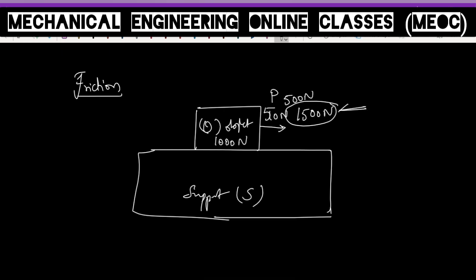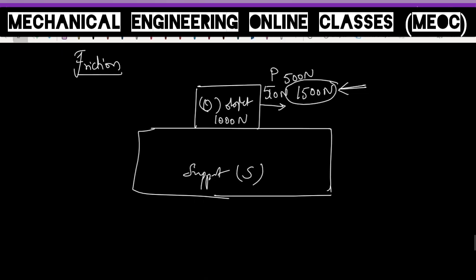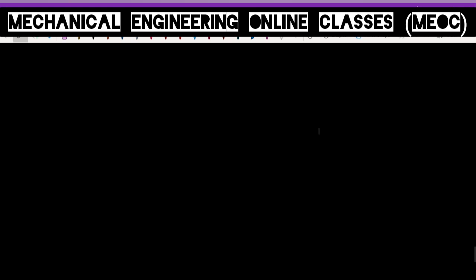So at a 1500 Newton force the object is sliding upon S. But we know from the principles of equilibrium, in the initial stage we had taken some 10 Newton force, P was 10 Newton, and this is the object which should slide over S. Now the object is not sliding, which means what? The object is in equilibrium only.